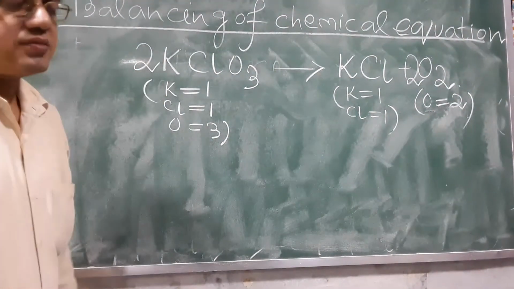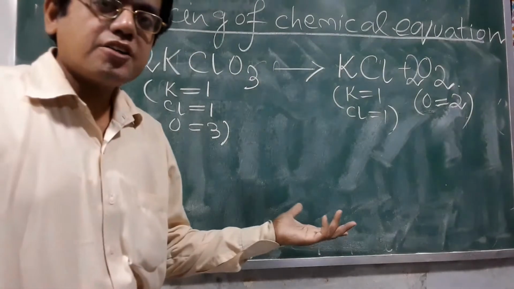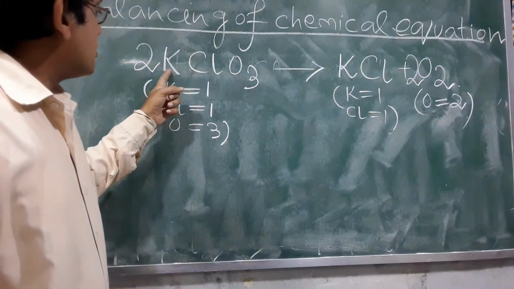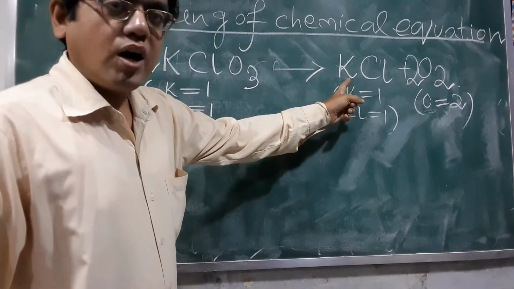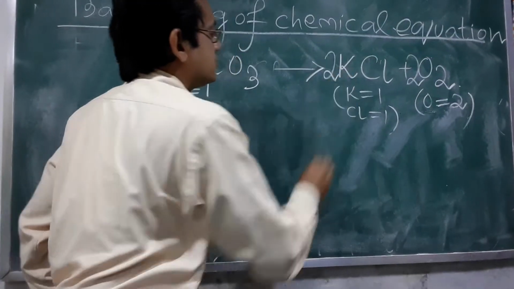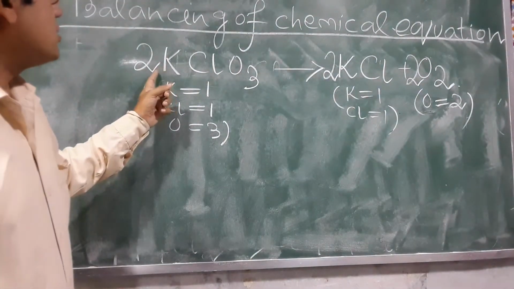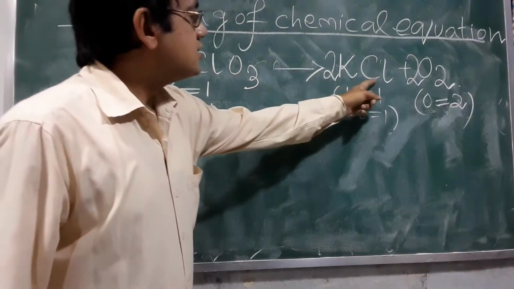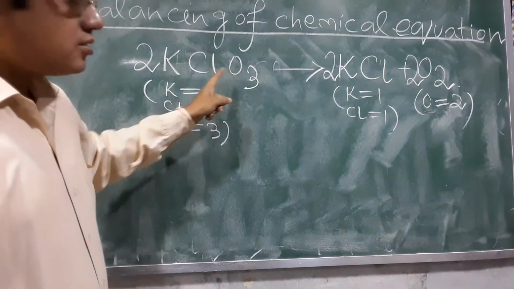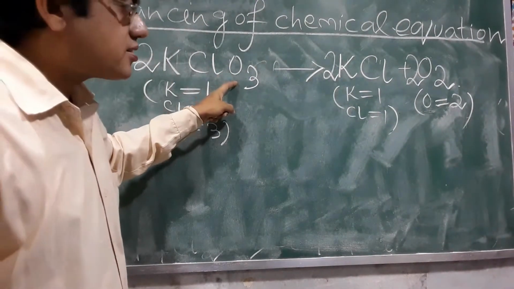Put 2 over here. Now you again start from the beginning. Potassium became 2, potassium 1. Put 2 over here. See, potassium 2, potassium 2. Cl2, Cl2. Oxygen 2 into 3, 6.